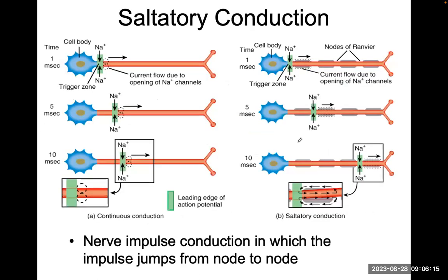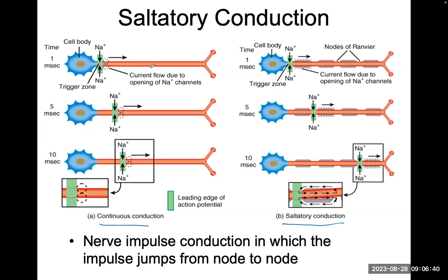Let's show you what this looks like. On the left-hand side here, we have continuous conduction, and on the right-hand side, we have saltatory conduction. We have a neuron, right? We have dendrites, cell body, nucleus, axon, and the axon terminal. This is 1 millisecond, 5 milliseconds, and 10 milliseconds.